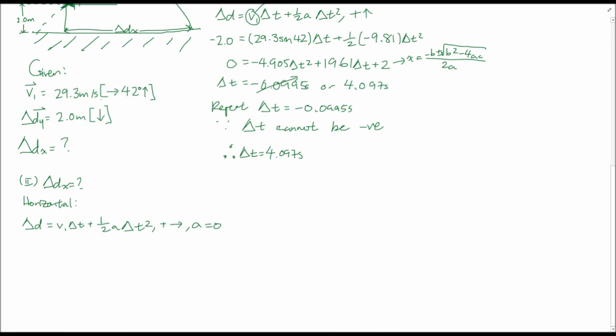Since there are no forces acting on it, we can disregard the second portion of this expression. So it would be v1, using the same idea as before, we're going to use cosine this time, which is 29.3 cos 42 delta t.